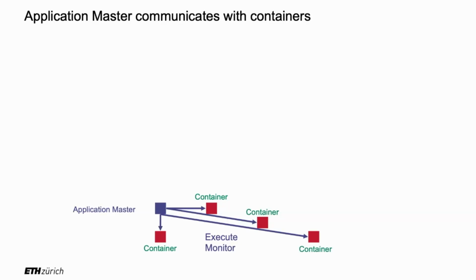But really, what a container means when you request a container from the resource manager, you're basically really just asking for the authorization to have the exclusive use of, let's say, 10 gigabytes of memory and 3 CPU cores, let's say.